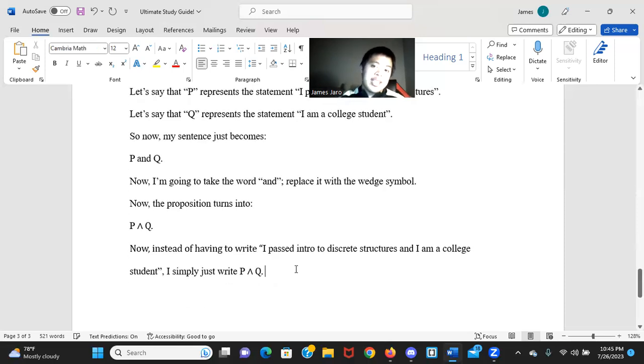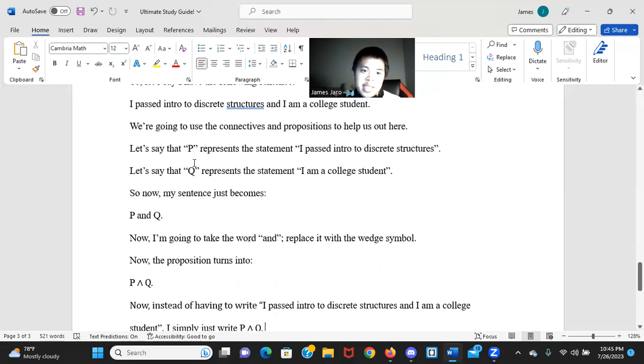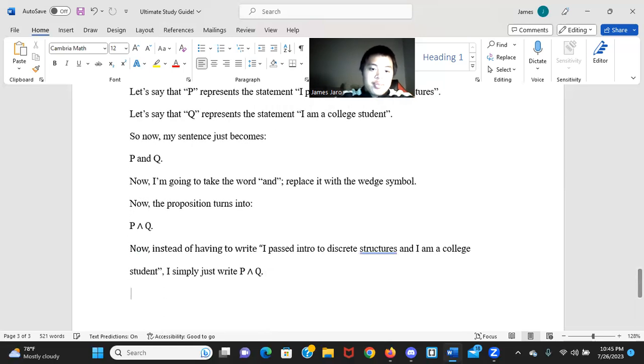Which is much easier to write. I left off at the fact that it's all fine and dandy to have these symbols, but obviously there's a little bit more that we can do than just replacing English words. So I'm going to start off by showing you a couple of things that I was doing here that I wasn't really representing.